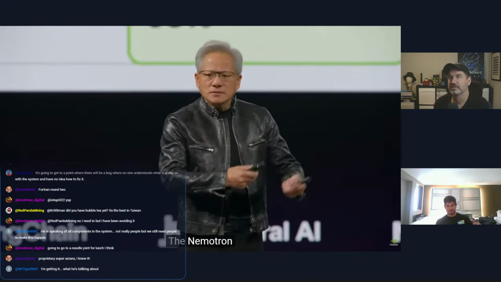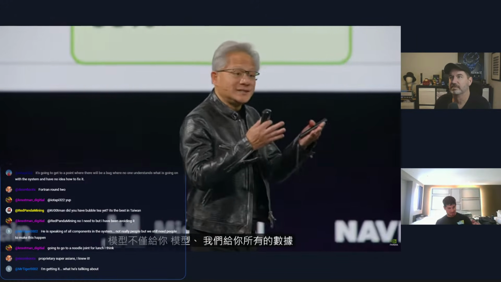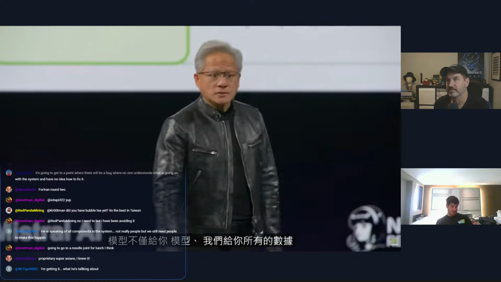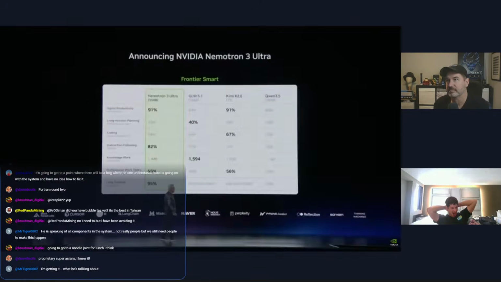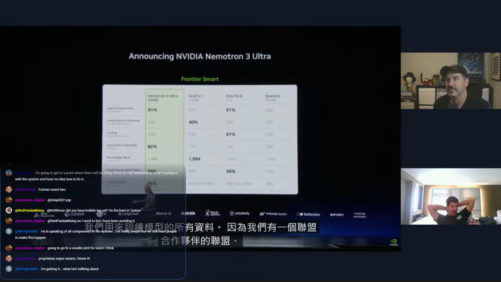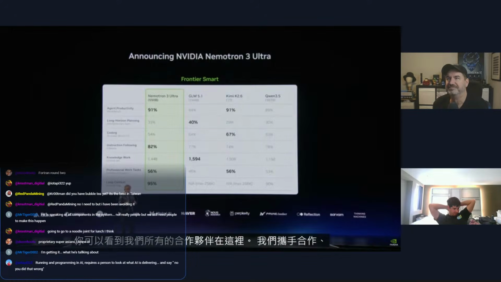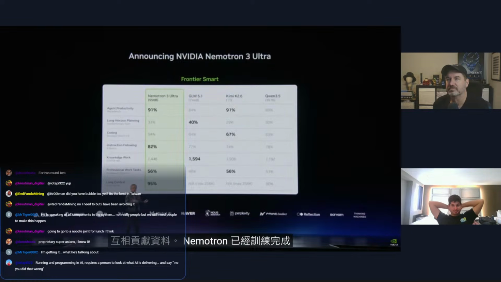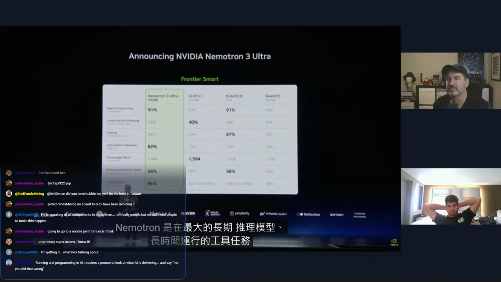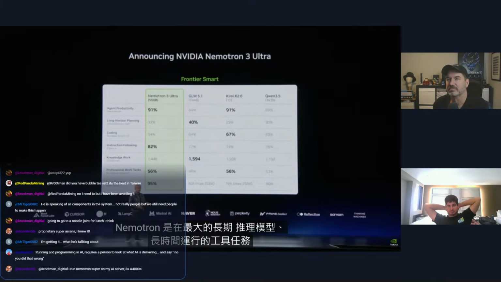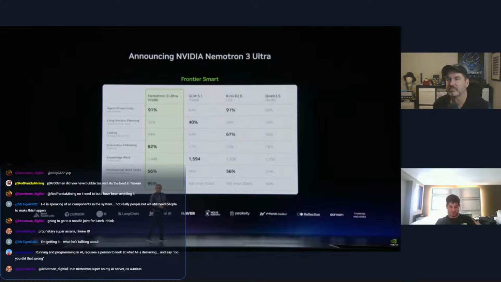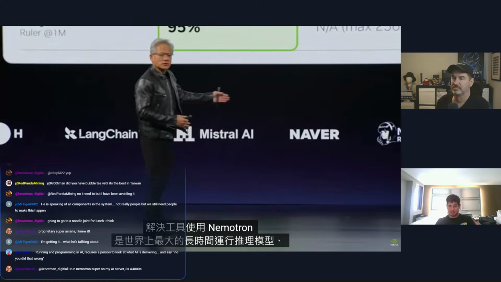We give you the model, we give you all the data that we use to train the model. And because we have a coalition of incredible partners, you can see all of our partners down here, we work together and contribute data to each other. Nemotron is trained on one of the largest suites of long-running reasoning, long-running task-solving, tool-using data sets in the world because of all of our great partnerships.